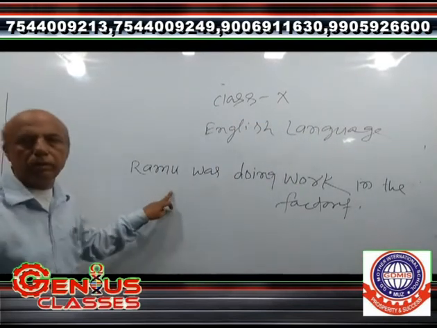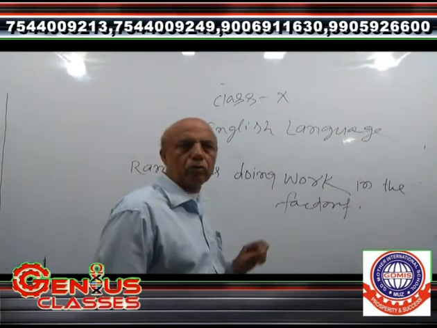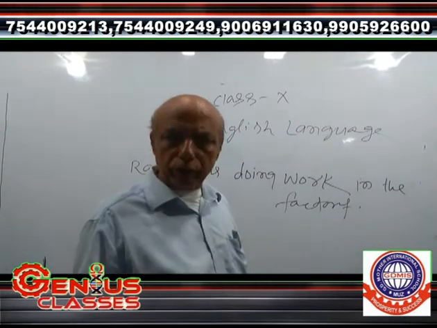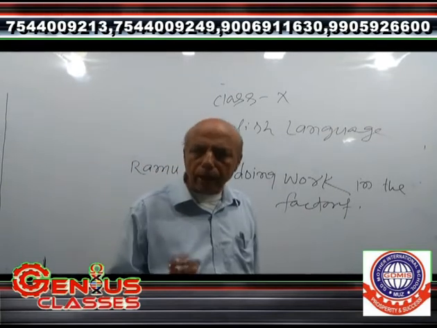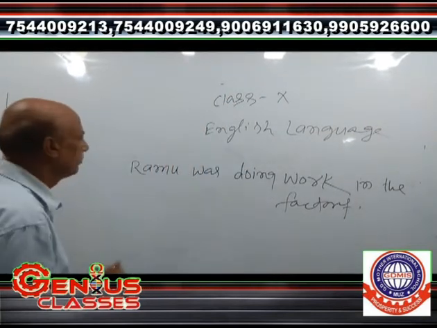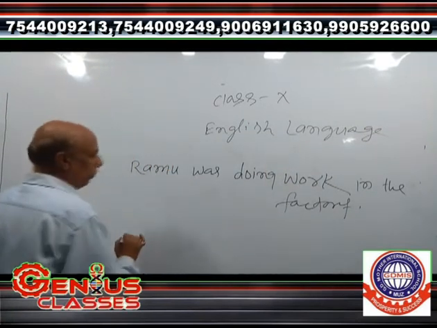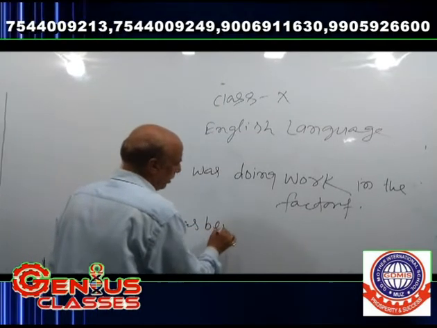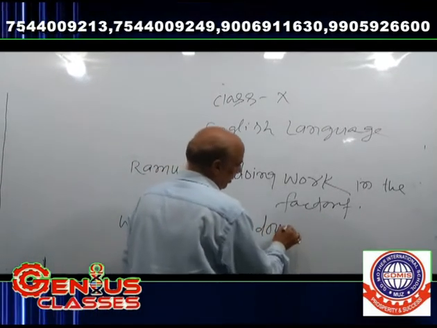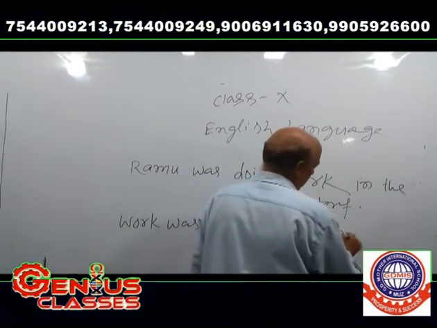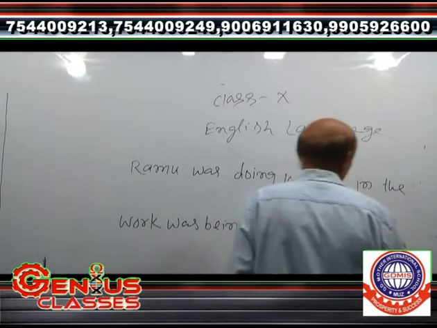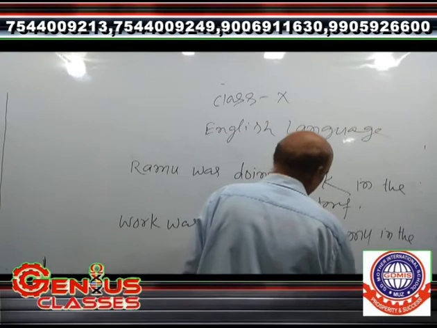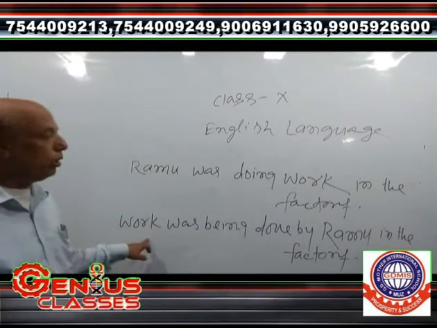It is in past continuous tense, that is also known as past imperfect. In this sentence, being is also used in course of changing from active into passive. Ramu was doing work. Work was being done by Ramu in the factory. It has been made into passive.